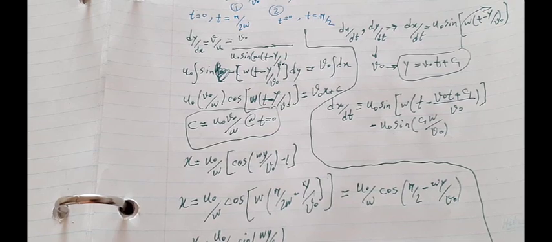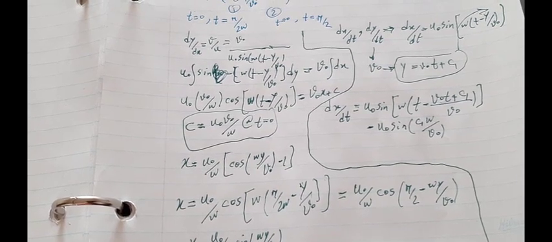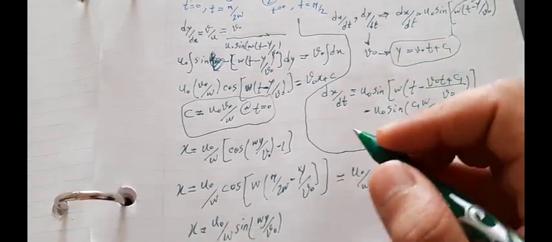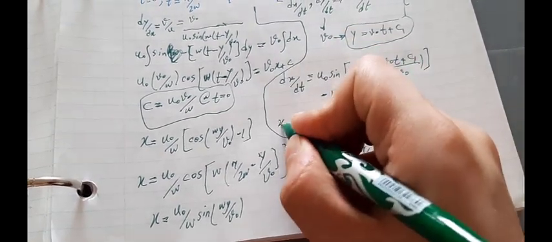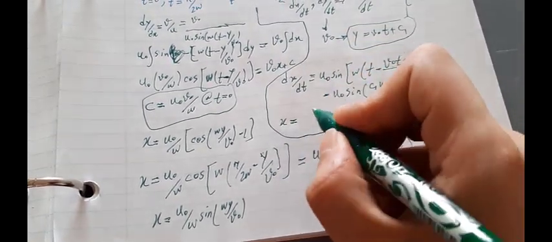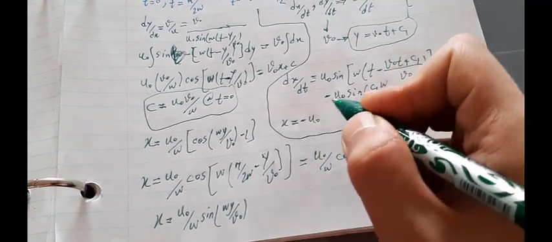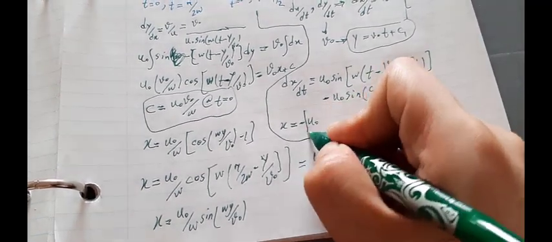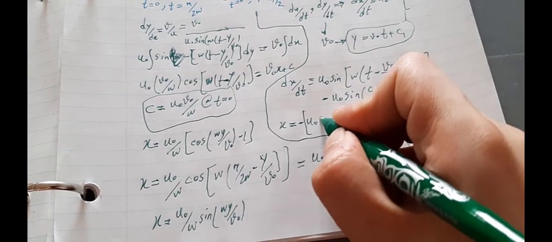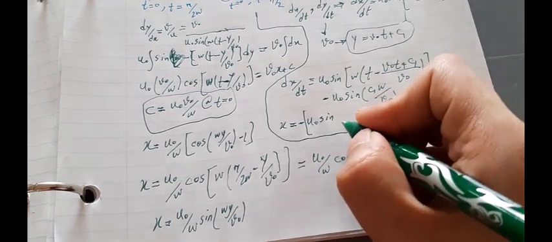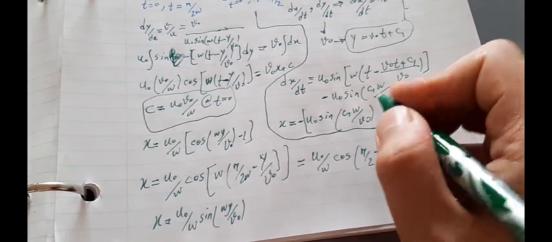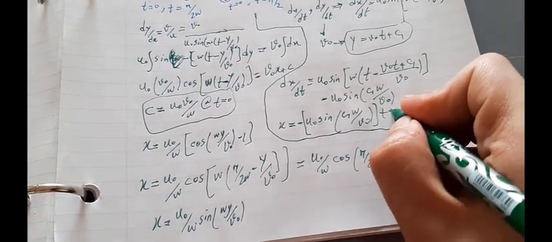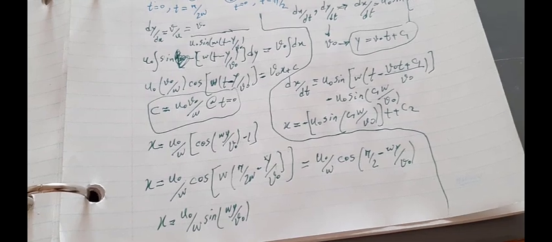Doing the integration we can have x as minus u0 sine c1 omega over v0 multiplied by t plus c2.